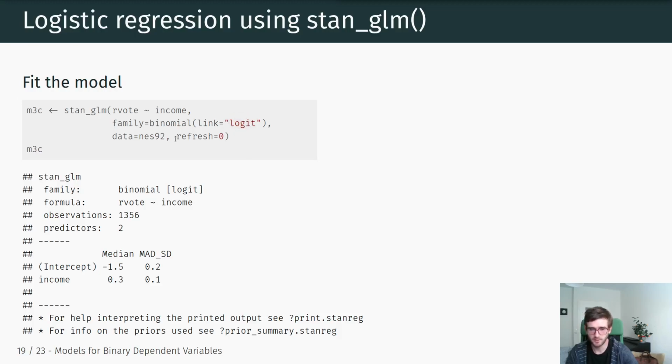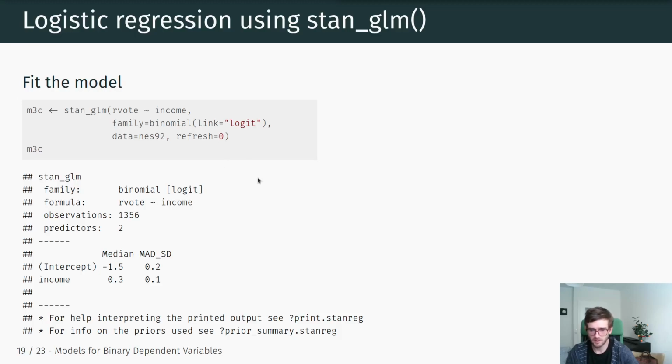If we wanted to estimate a Probit model in Stan, all we would have to do is put in a Probit here. Same data, and we include this option refresh equals 0 just in order for the Stan posterior simulation output to be omitted, which is useful whenever you're working in R Markdown and don't want the whole convergence output to be part of your Markdown document.